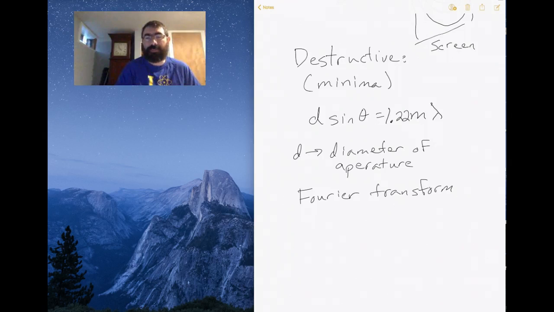And this time we're not transforming a rectangle.